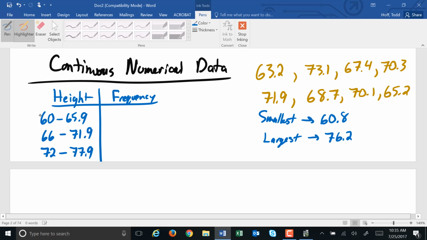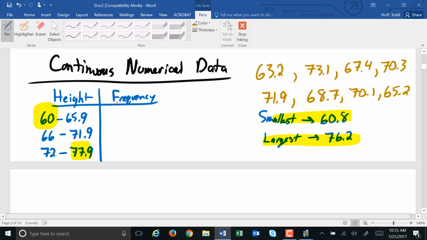Notice that goes below the smallest number and above the largest number. This might be considered a little sloppy because I'm a little bit further away from the largest number on top than I am from the smallest number on bottom. But it's not bad.